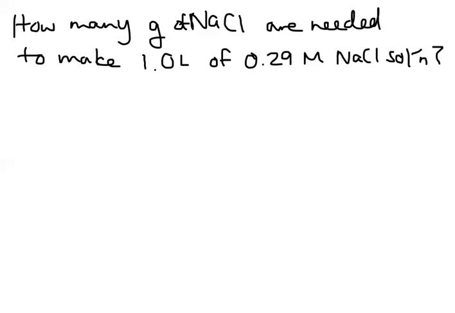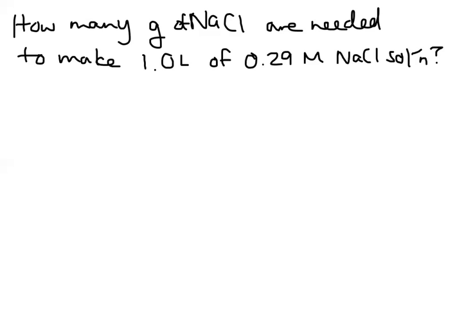So what I'm asking here is, if you were in a lab and you had to make 1 liter of 0.29 molar NaCl solution, how much NaCl would you weigh out? What we're going to do is go from liters to moles to grams.